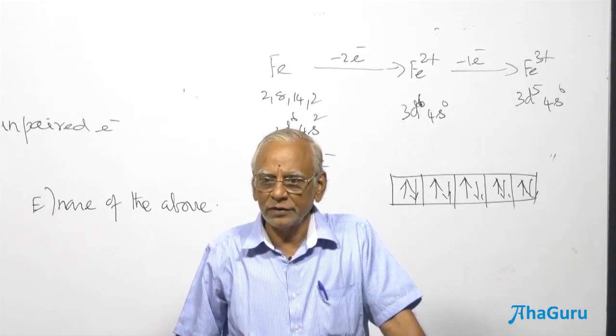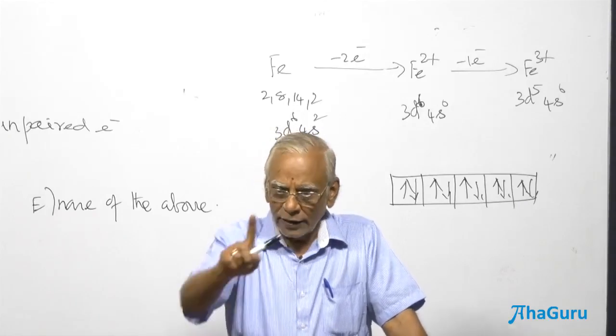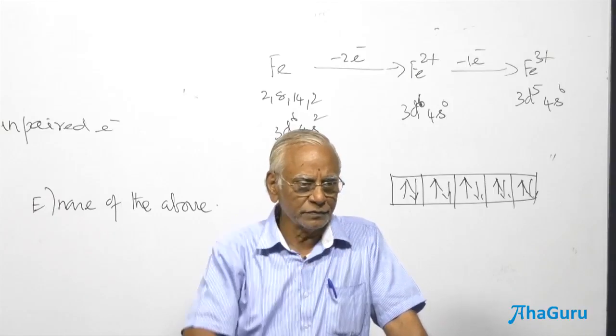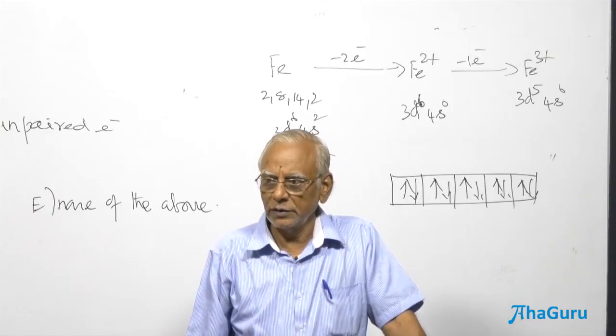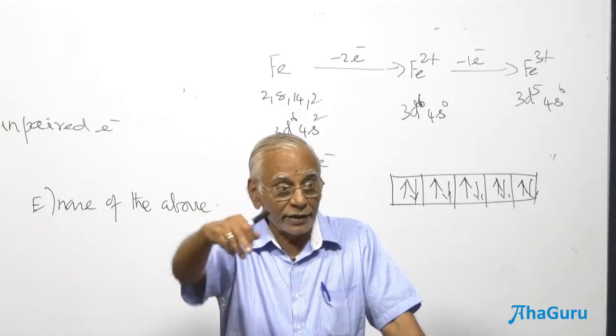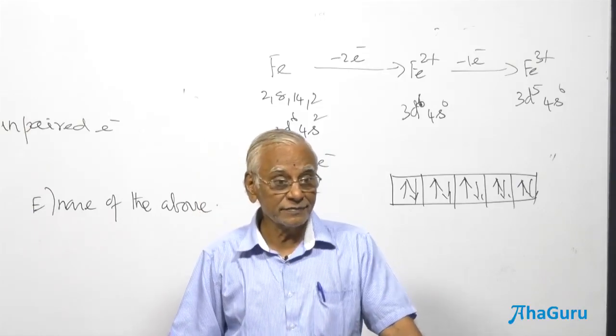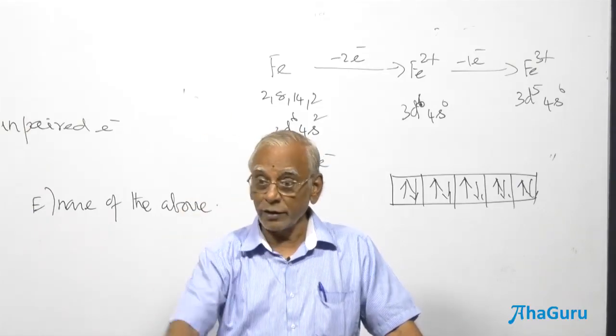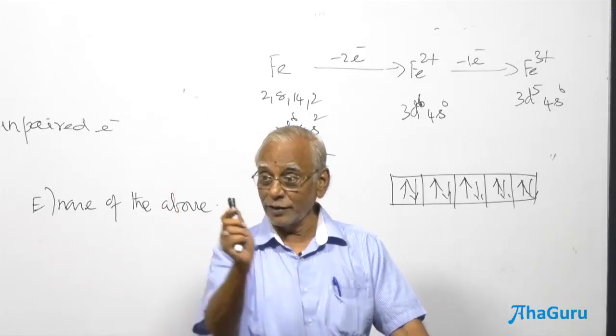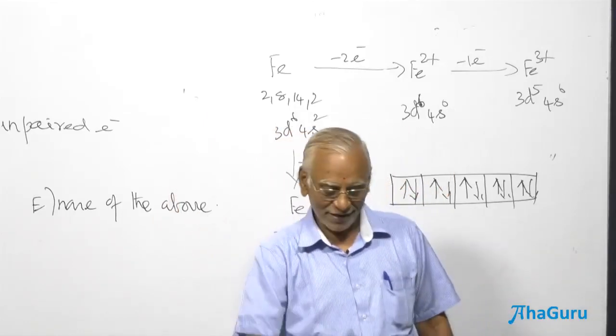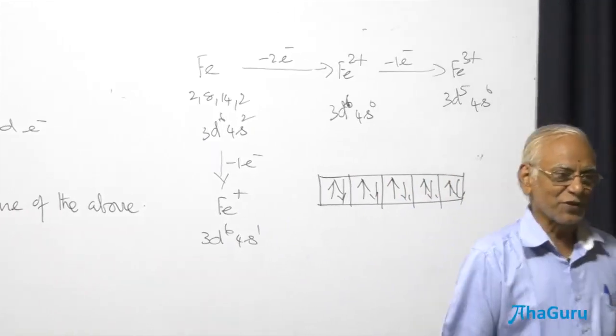Whereas sodium, 2 8 1, has 1 unpaired electron, so it is paramagnetic. Sodium chloride is diamagnetic. Sodium is paramagnetic, chlorine is paramagnetic, sodium chloride is diamagnetic. Account for this NCERT question.